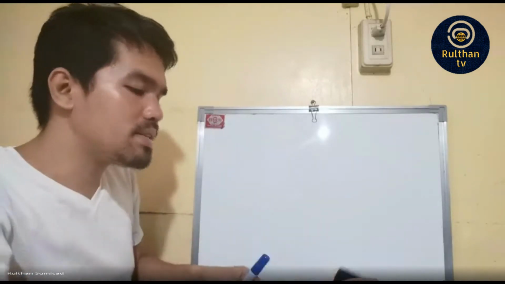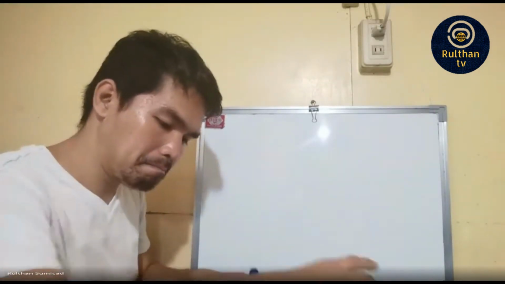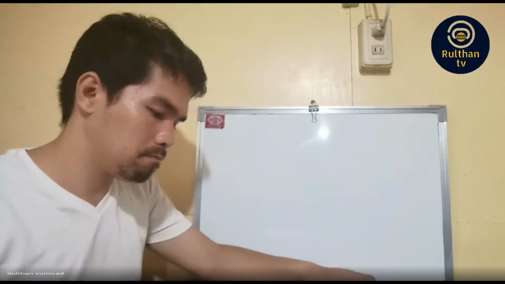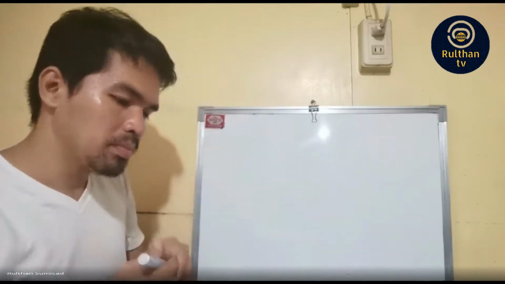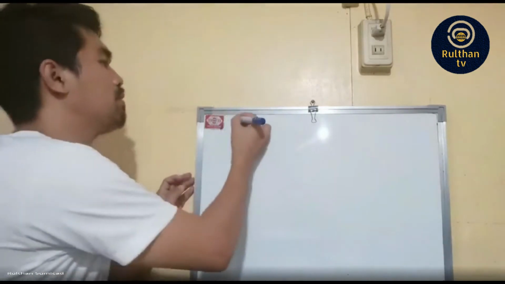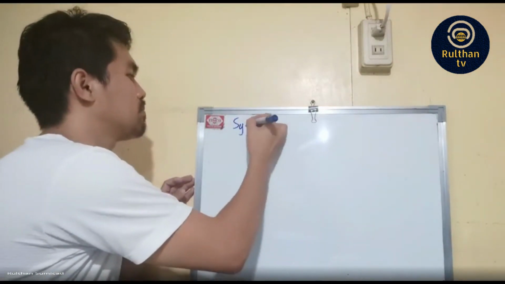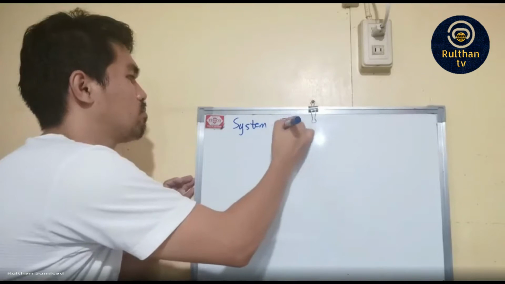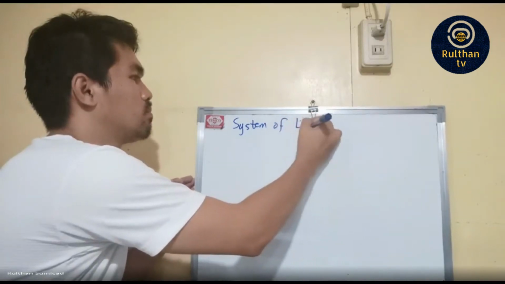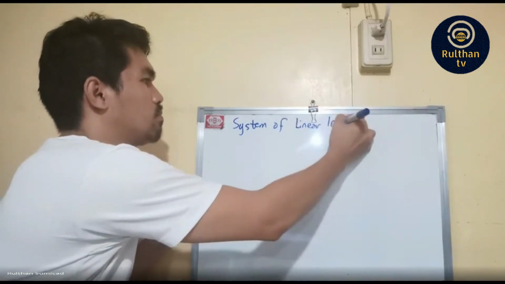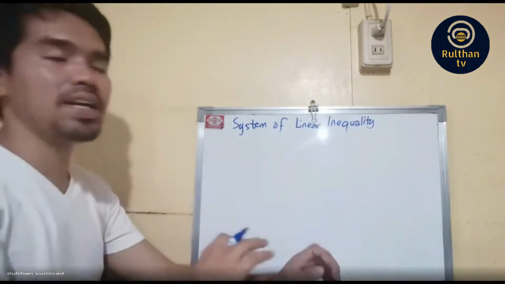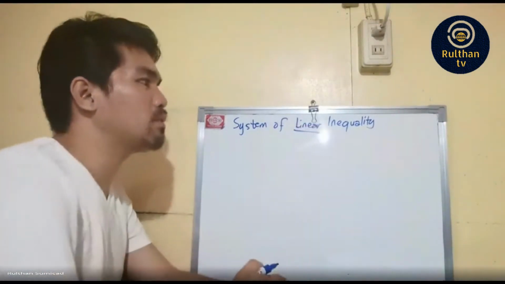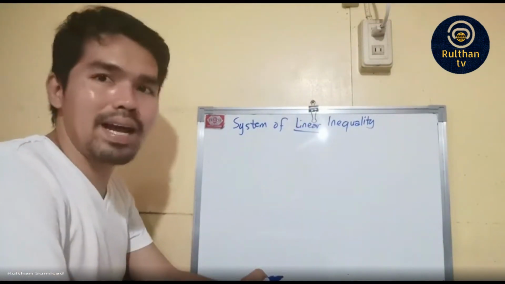Okay, what is a system of linear inequality? Let's take a look at this example. Here we have a system. Okay, we have the system of linear inequality. First, you still have the words linear inequality here.